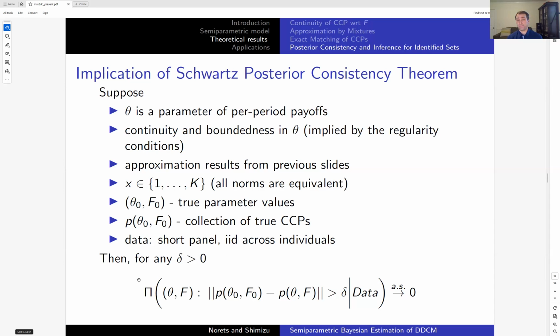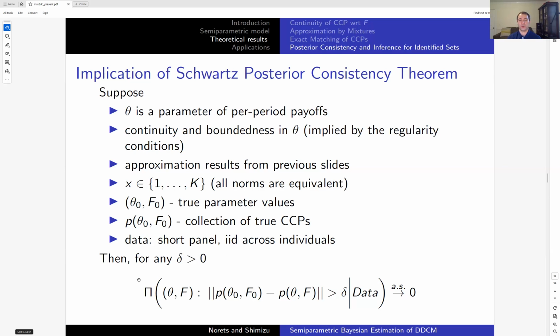Then in this case, the choice probabilities become just not functions, but collections of vectors. So we have just a finite number of objects, and they live on simplexes. And for these discrete distributions, all these metrics, weak, strong, or Kullback-Leibler, are all equivalent. And so hence it's really straightforward to apply the Schwartz posterior consistency theorem.